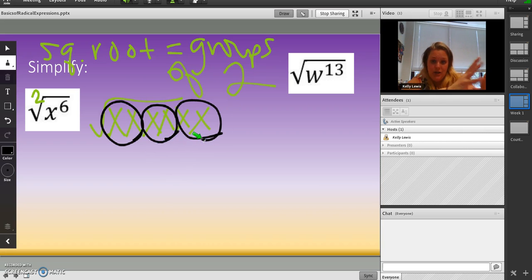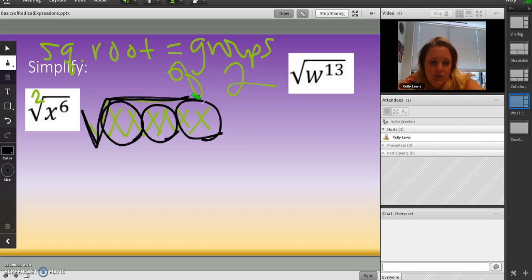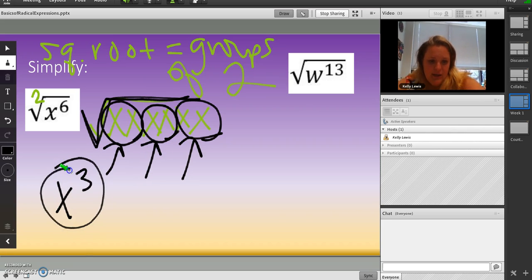Because they can get out of jail. They can get out of this right here, which is called the radicand, by the way. They can get out of that square root in groups of 2. So you can't pass go and collect $200 unless you're in a group of 2. There is 1 group of 2, 2 groups of 2, 3 groups of 2. The answer is x to the 3rd.